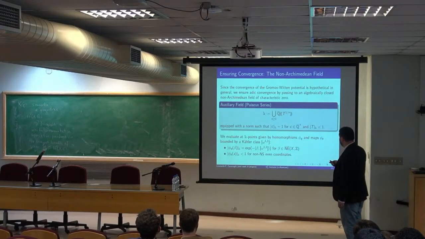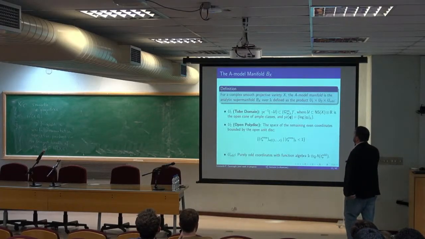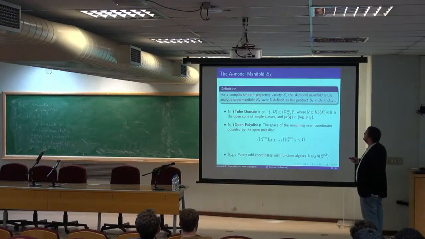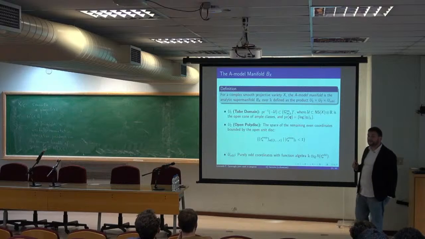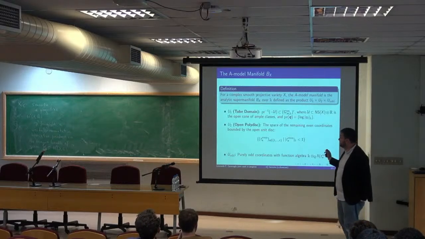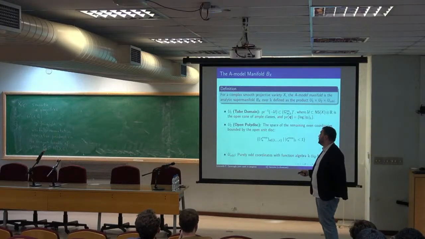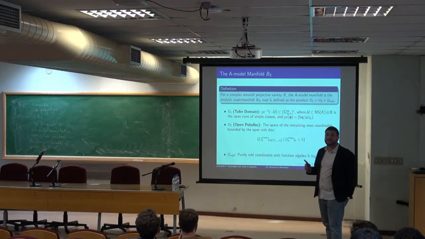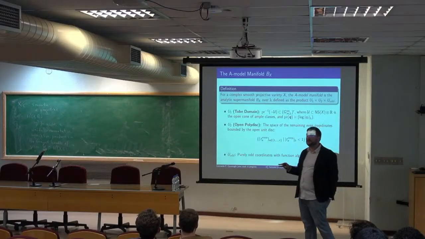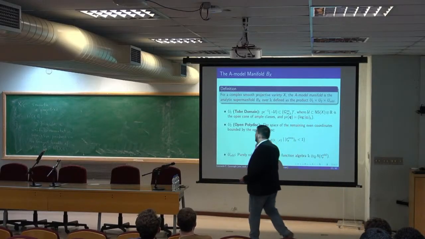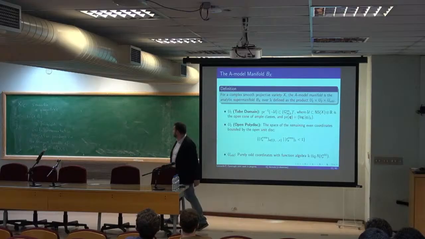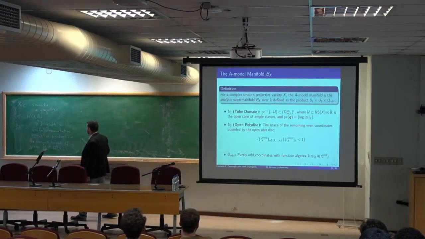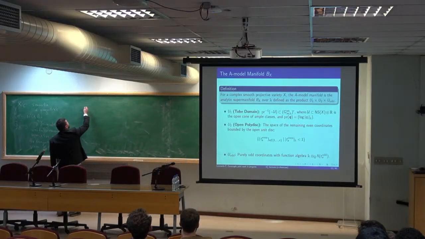And let's be precise. Whenever you pick your complex smooth projective variety, you can define what is the A model manifold of this. And this is, just to keep in mind, the choice that you make so that you do not have to deal anymore with some germs that depend on convergence, but you actually build a geometric space with the following properties. So let's write it like that.